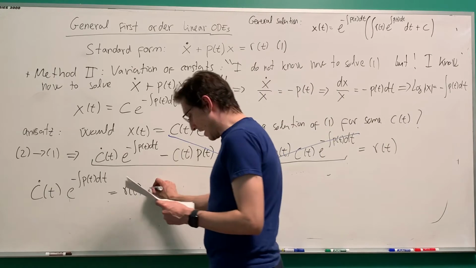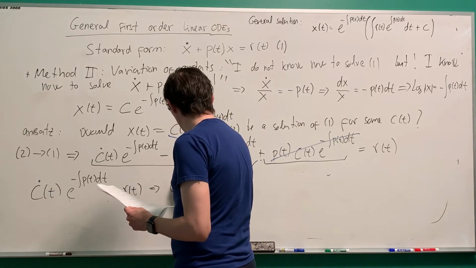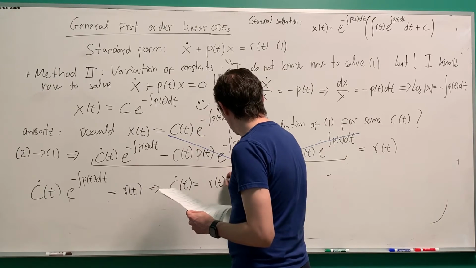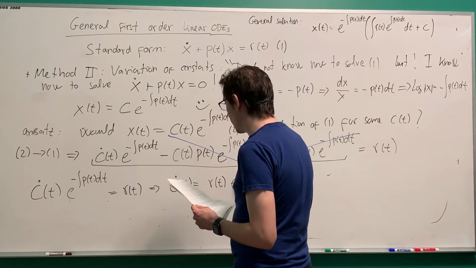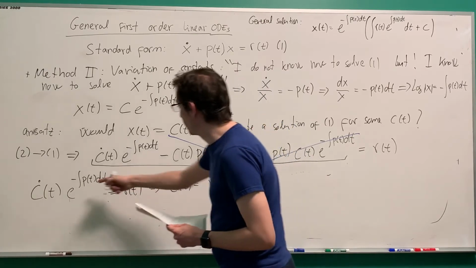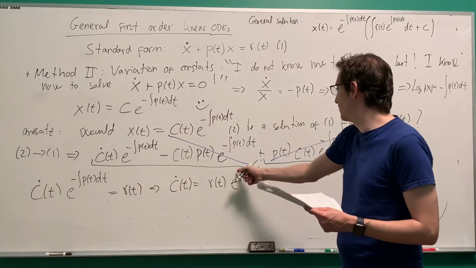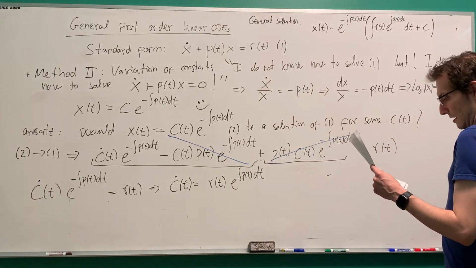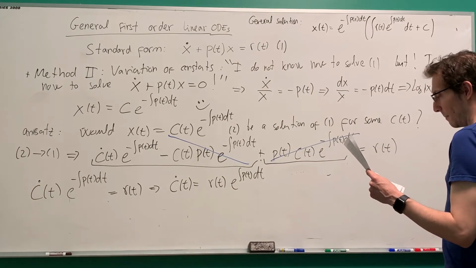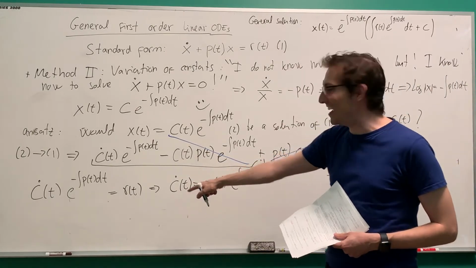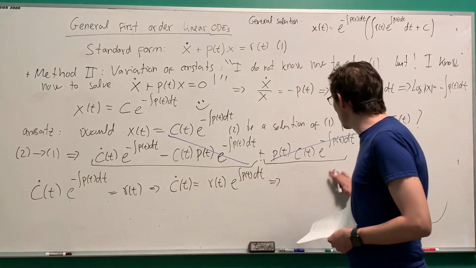And that means that C dot of t is equal to R of t e to the integral of P of t dt, right? Move this dividing the exponential, but then the minus sign puts it in the numerator. All right, that's wonderful, because now I can integrate with respect to t on both sides, and I get the value of the constant.